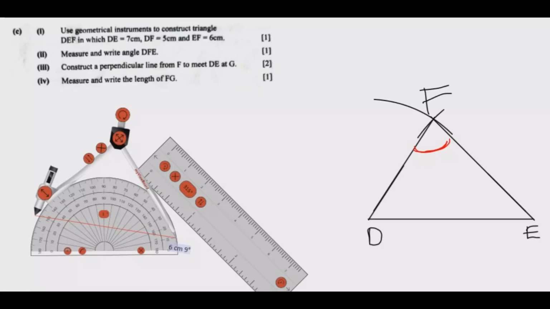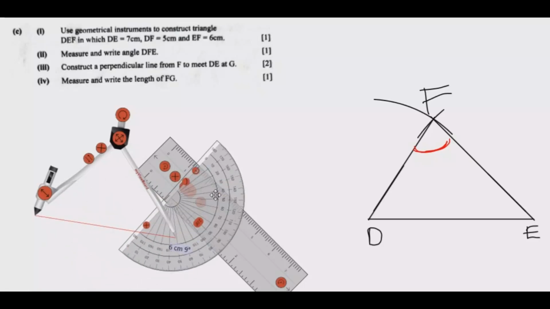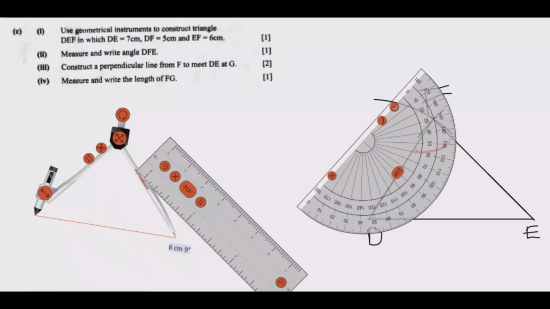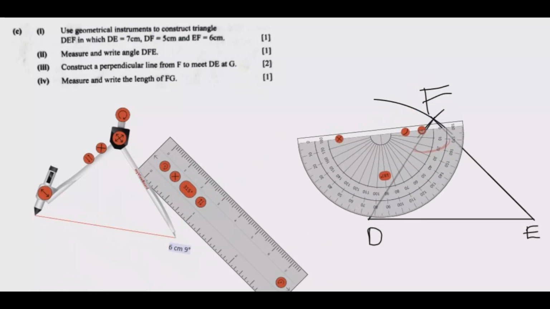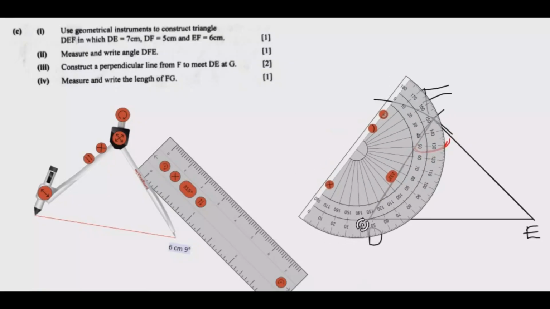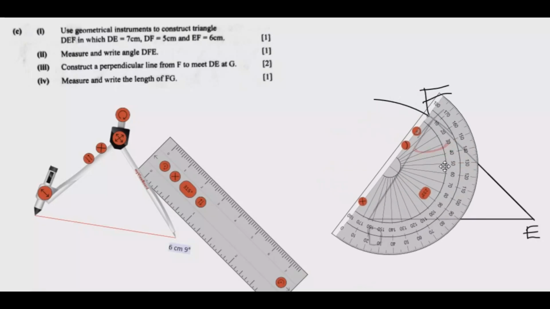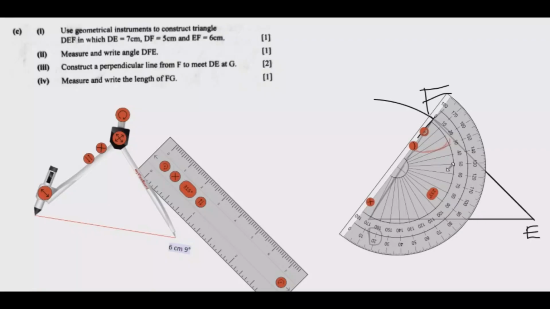What we're going to do is get the protractor. Once we get the protractor, we'll make sure that we turn it properly. We are going to use this line here.